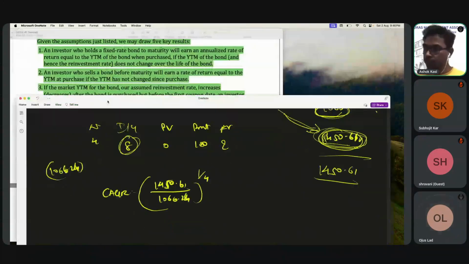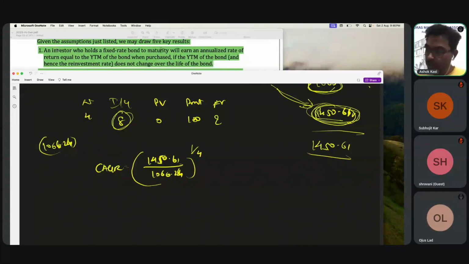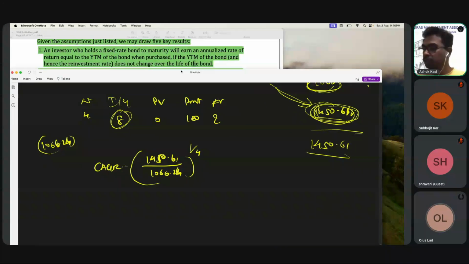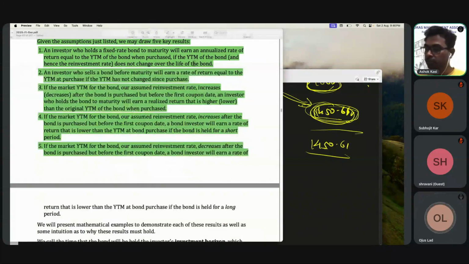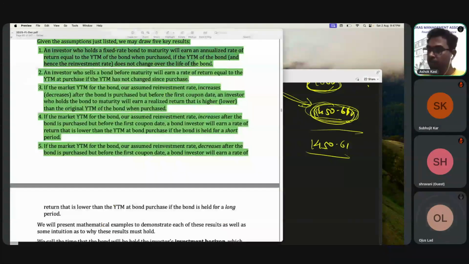First point, see how you should prepare notes: write this one, and then against that you write all this. More likely you will not be asked this sum, you will be asked this theory, but you cannot remember all this theory. They prefer giving statements which require a lot of practice of sums.